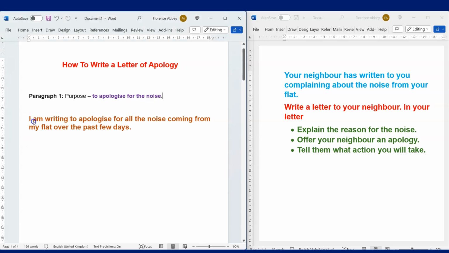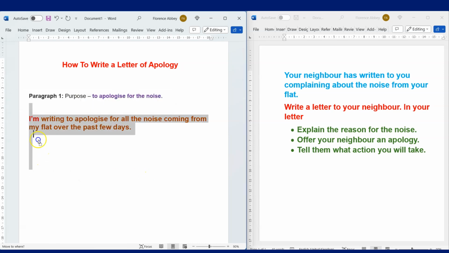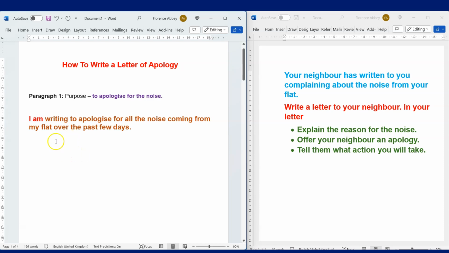For instance, if it's I am, don't write I'm, because if you write it this way, you'll be marked wrong. You have to write it in full words, I am. So, I am writing to apologize for all the noise coming from my flat over the past few days.